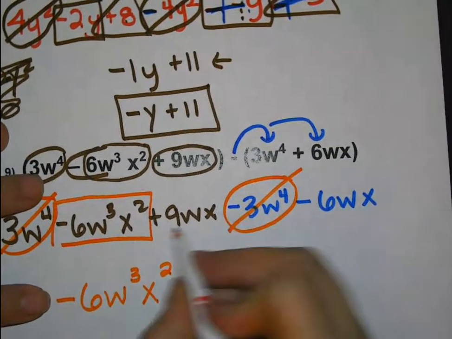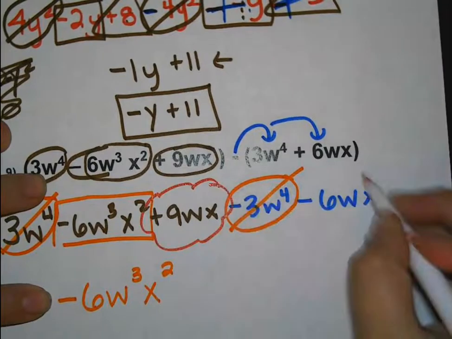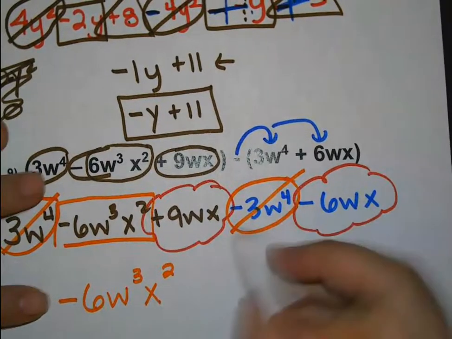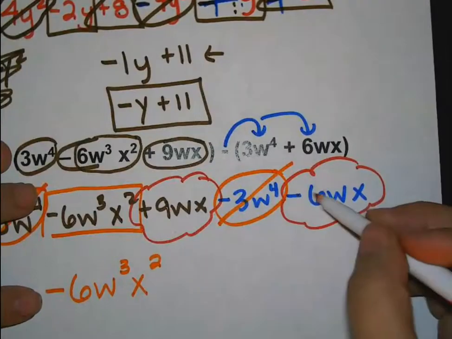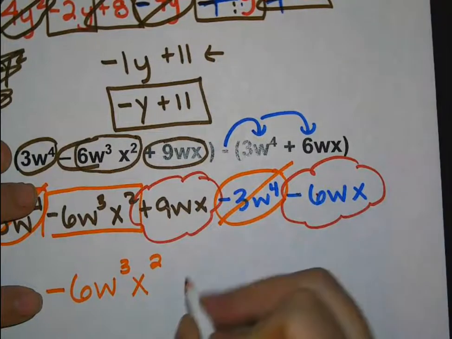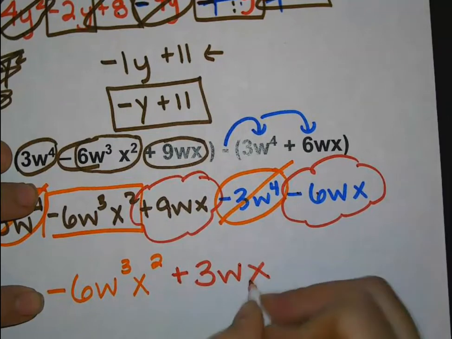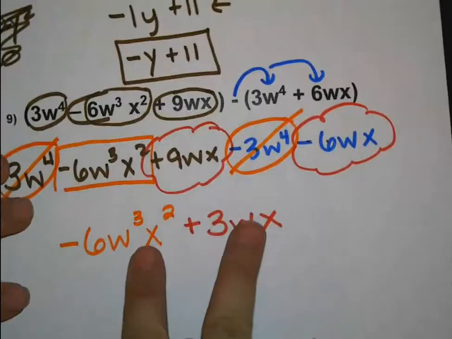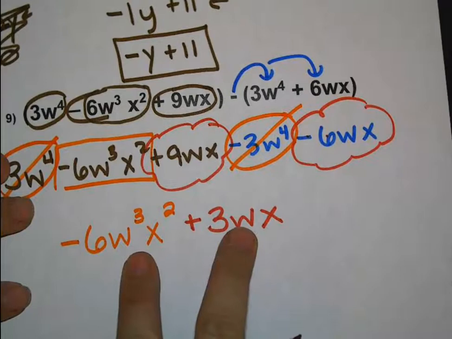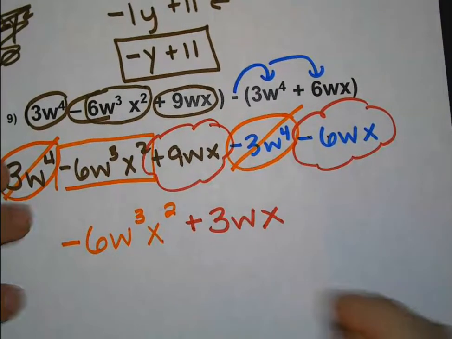Okay, and then these two match. They're both wx's. So then I would have 9 minus 6, or 9 plus a negative 6, and that would be 3wx. Now, how do I know which one should come first? Well, they both have w's, and w comes before x in the alphabet.